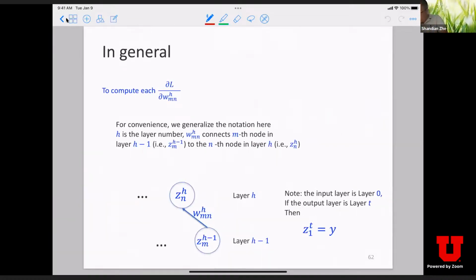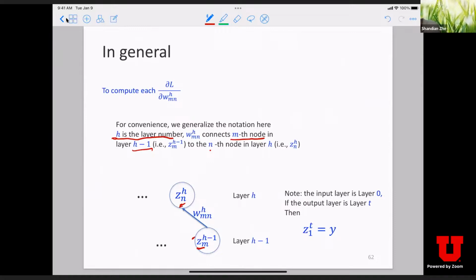So here's our general recipe to apply the chain rule to compute every partial L over partial W_MNH. Again, let me emphasize the notation here. H is the layer number where the edge points to, which is the target layer number. So W_MNH connects the Mth node in layer H minus 1 to the Nth node in layer H, and W_MNH is on the edge connecting these two nodes.